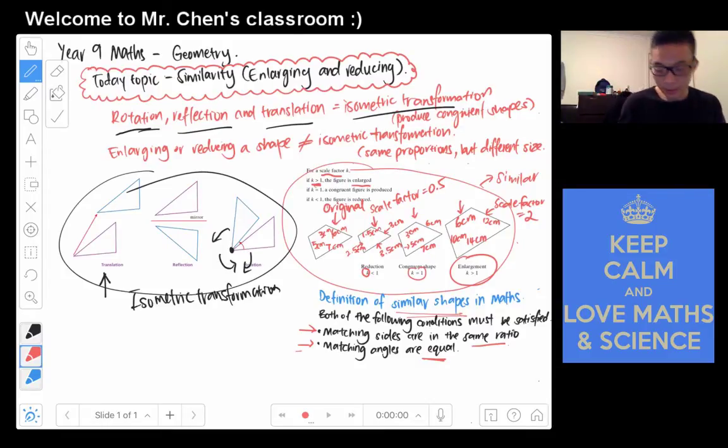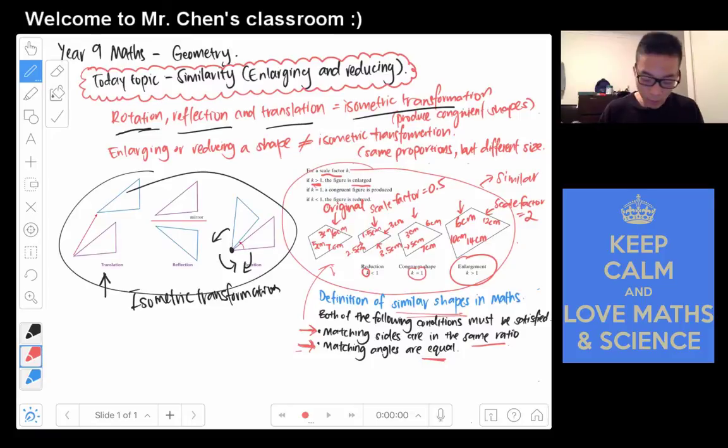Just make sure you are clear with this point, because if you are clear, you should be able to know how big it has been enlarged or how small it has been reduced. Remember, to have a similar shape, you have to meet these two conditions: matching sides are in the same ratio, which I have demonstrated over here, and matching angles are equal.